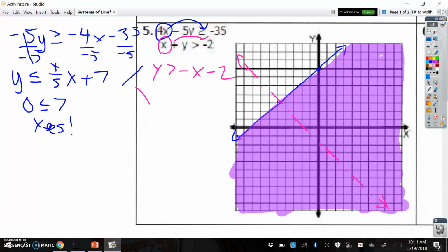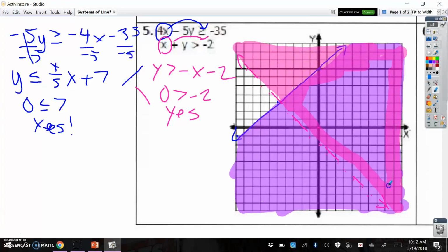Are we going to shade above or below? Well, we have 0 is greater than negative 2. Is that true? Yes, it is. So we're going to shade with the point 0, 0 side. And the solution's going to be that section where they overlap.